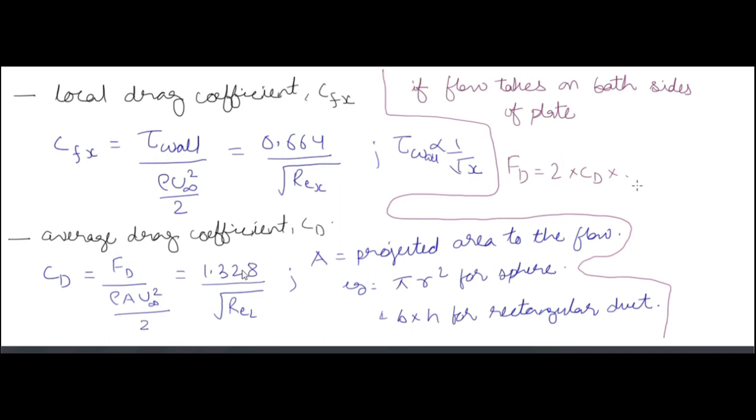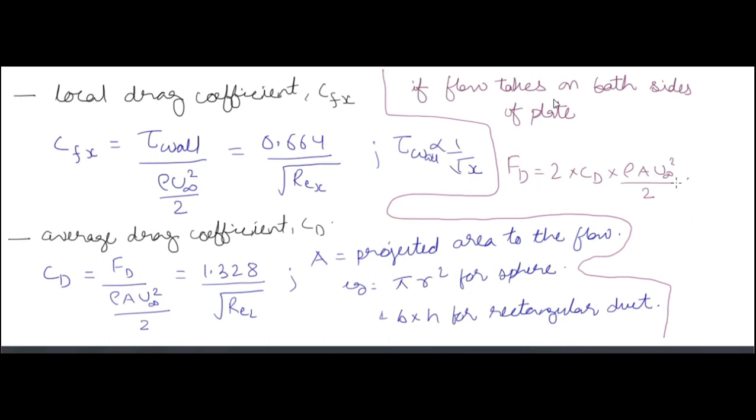But if the flow is happening on both sides of the plate, then the drag force will be 2 into CD into rho A u infinity whole square by 2.